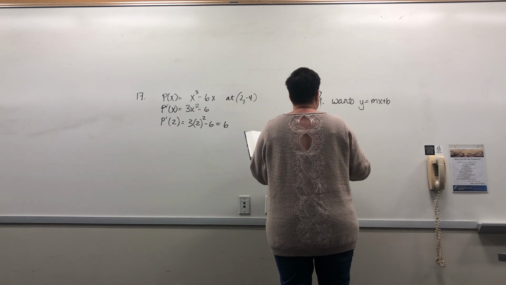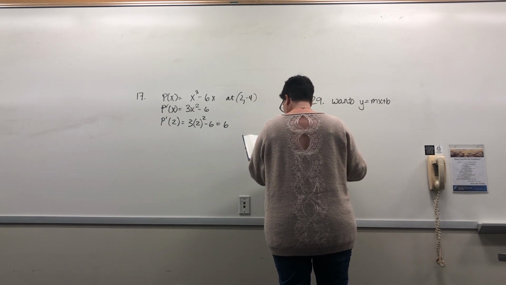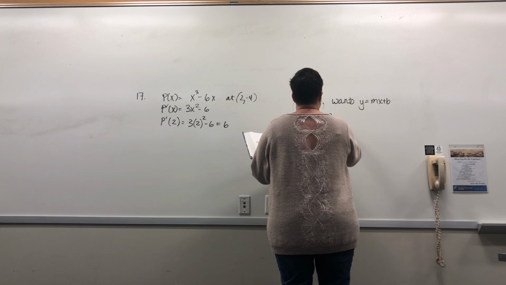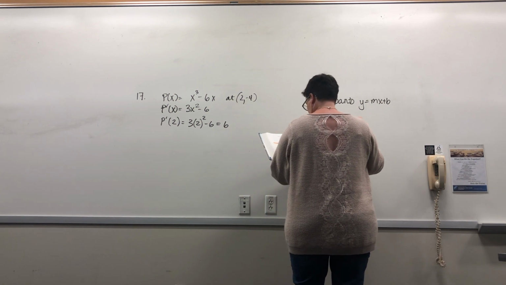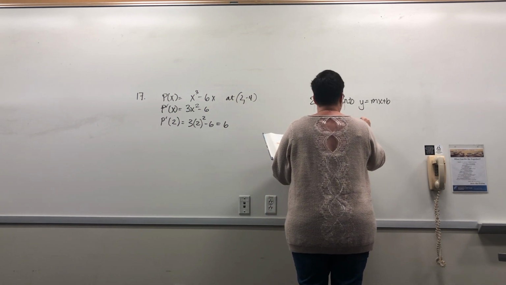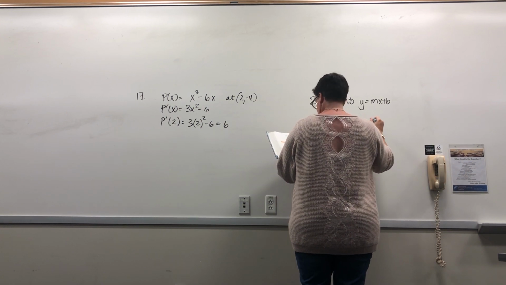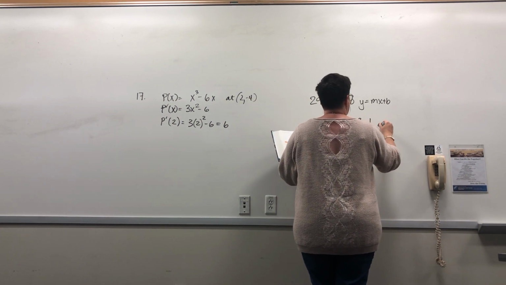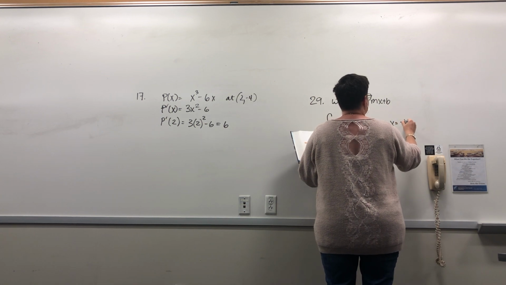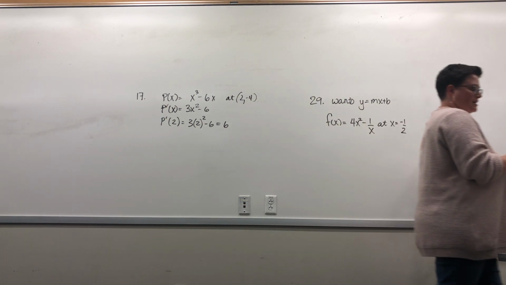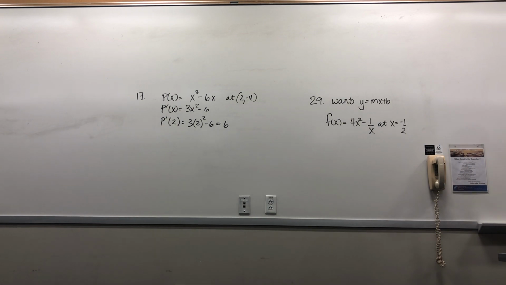So the y equals mx plus b for f of x equals 4x squared minus 1 over x at x equals negative 1/2. Look at how mean I am. Is it pretty?